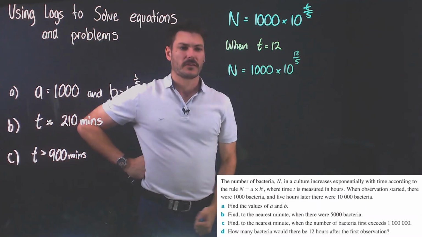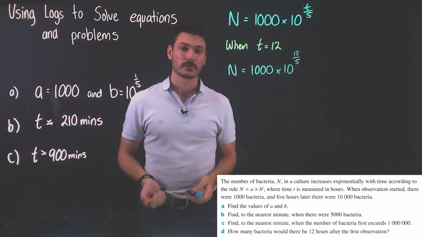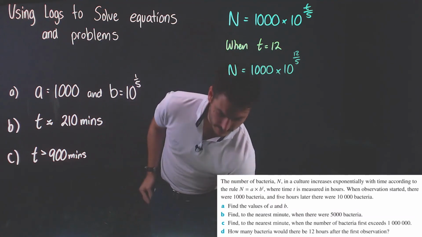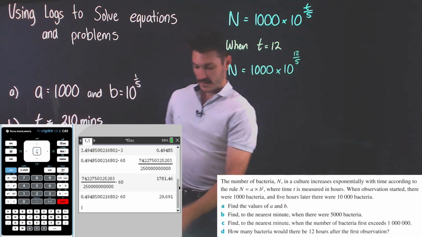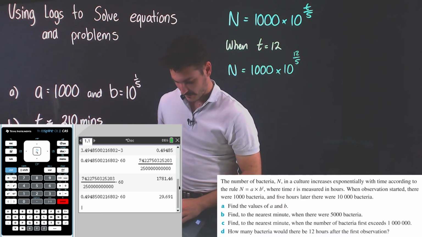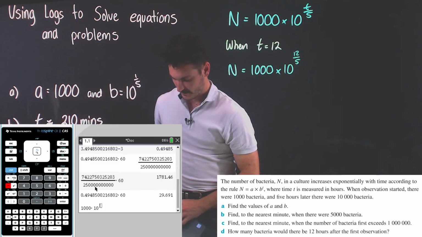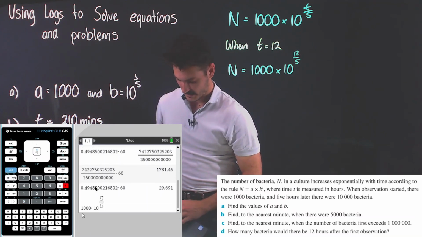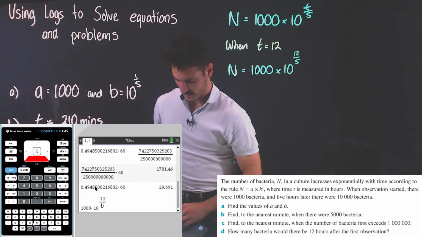Now this is a simple plug and play in your calculator. You actually don't have to do any log laws here. So I'm going to grab my calculator out again. 1,000 times 10 to the power, and I'm going to put in a fraction here, control divide to get a fraction, 12 over 5, which of course is going to be 2.4, I believe.